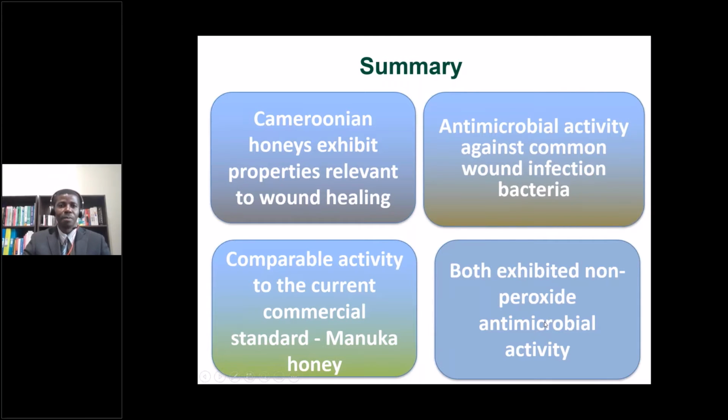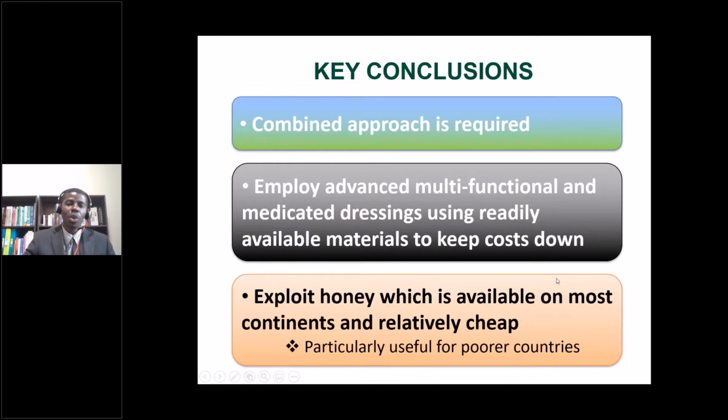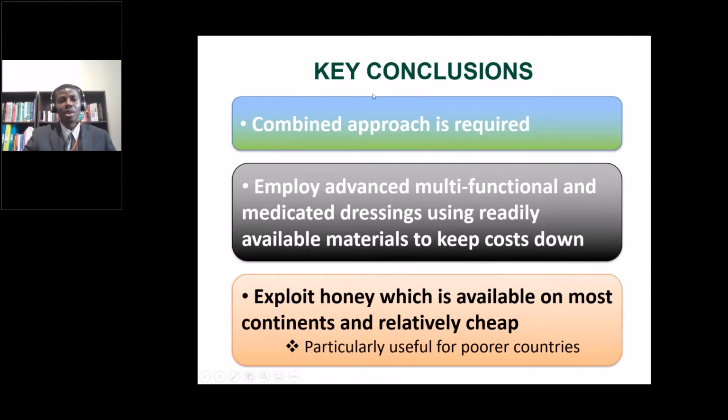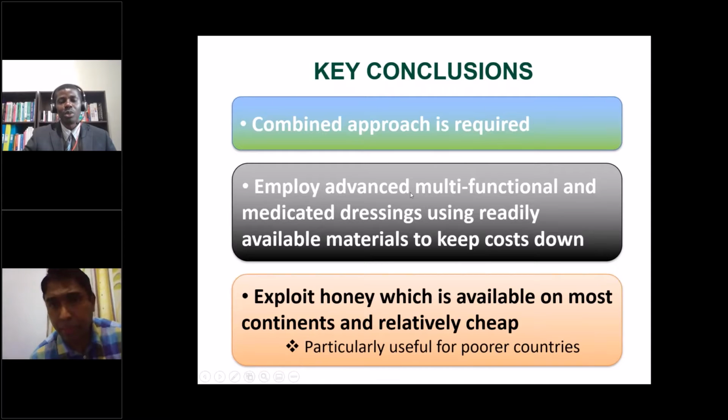antimicrobial activity. So our key conclusions from the three studies so far is that a combined approach is required, which means we cannot use a one-size-fits-all, and we've got to target particular wounds using particular approaches.